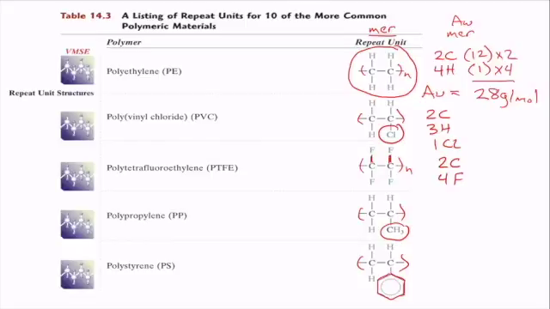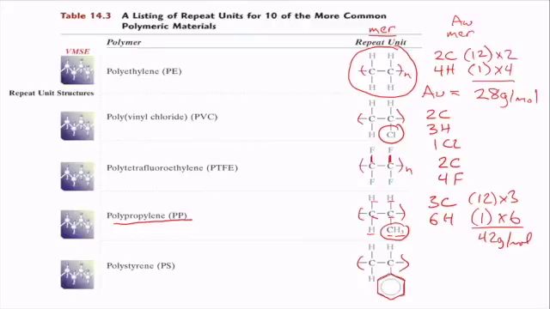This first one here, polypropylene, we have 1, 2, 3 carbons, and we have 1, 2, 3, and then H3 is 6 hydrogens. So we add that up: 12 times 3 plus 1 times 6, and I get, let's see, 36 plus 6, that would be 42 grams per mole. That would be the atomic weight of polypropylene.